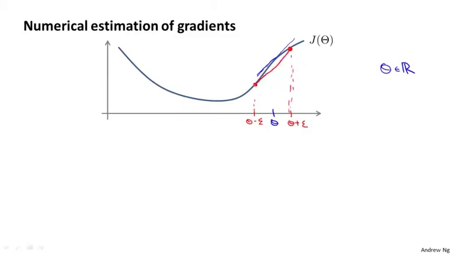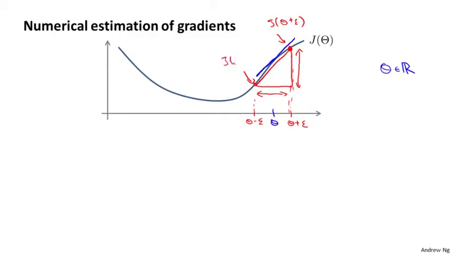and connect them by a straight line, and I'm going to use the slope of that little red line as my approximation to the derivative, where the true derivative is the slope of that blue line over there. So it seems like it'd be a pretty good approximation. Mathematically, the slope of this red line is this vertical height divided by this horizontal width. So this point on top is J of theta plus epsilon.